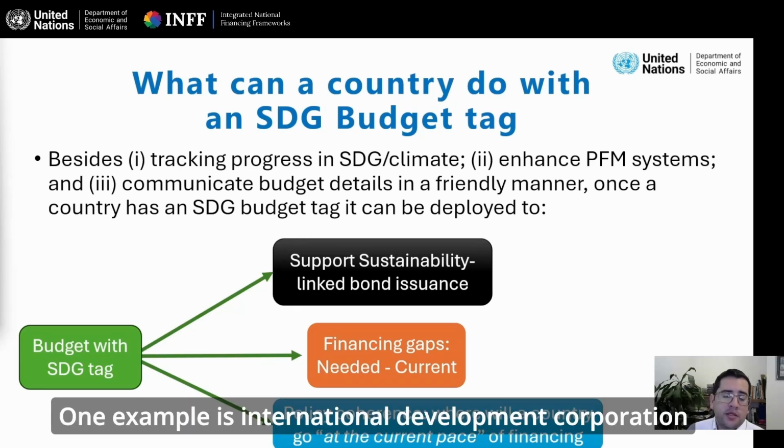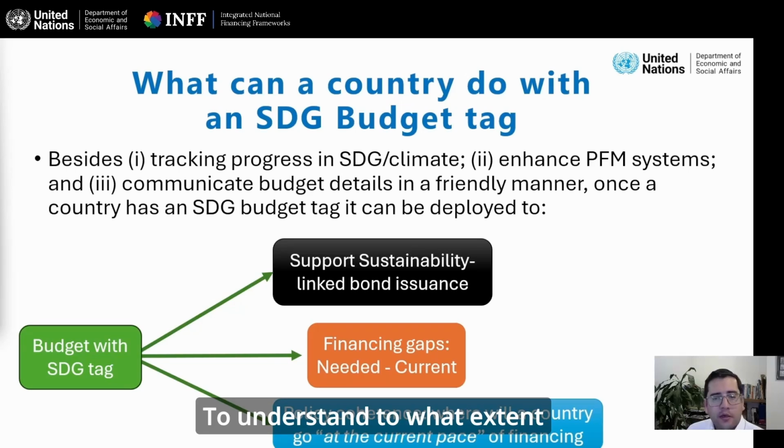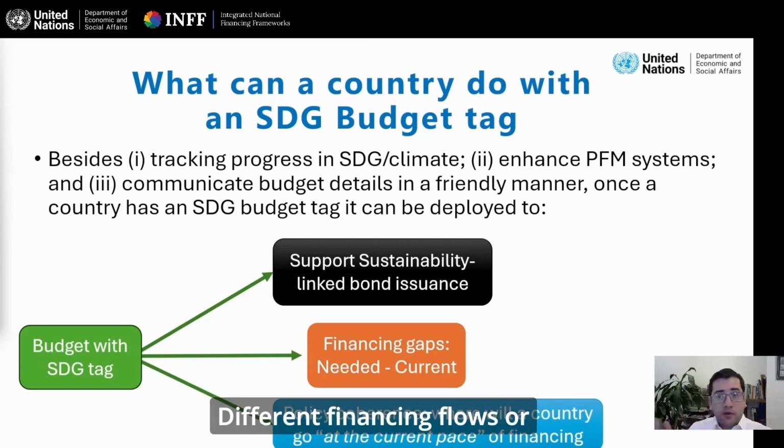One example is international development cooperation, which can also be managed to have an SDG tag to understand to what extent, from a national perspective, different financing flows or international development cooperation from partners is going to specific SDG targets.